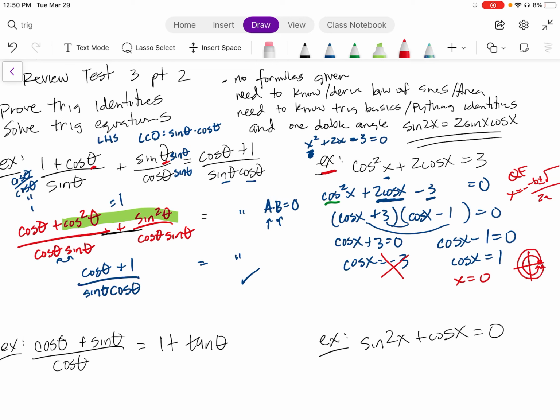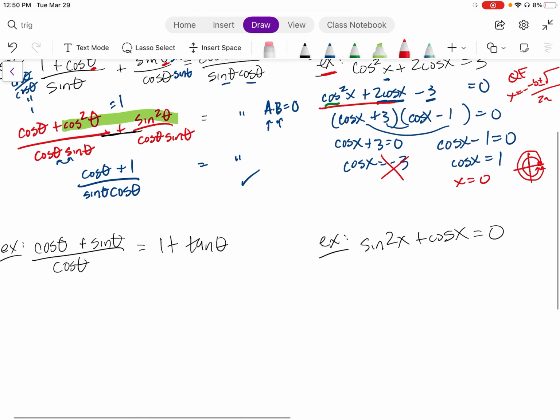But all I'm going to ask for is solutions that are on the unit circle, one full period, 0 to 2 pi. So just give me those solutions and we'll call it good. So therefore this only has one solution, that is x equals 0. And you could plug that in your calculator to make sure that's true as well. I'm going to skip that part.